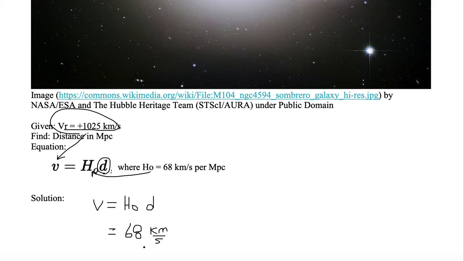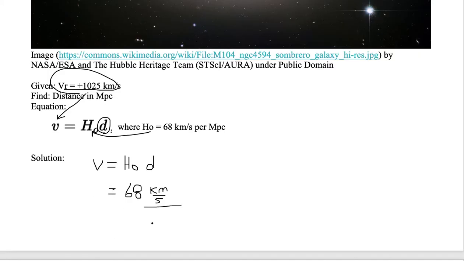And then I'm going to put a big divide by symbol and put megaparsec underneath. So now it says kilometers per second per, meaning divide by, megaparsec. And then we have our d on the right-hand side. On the left-hand side, we're given 1025, and the units are kilometers per second.